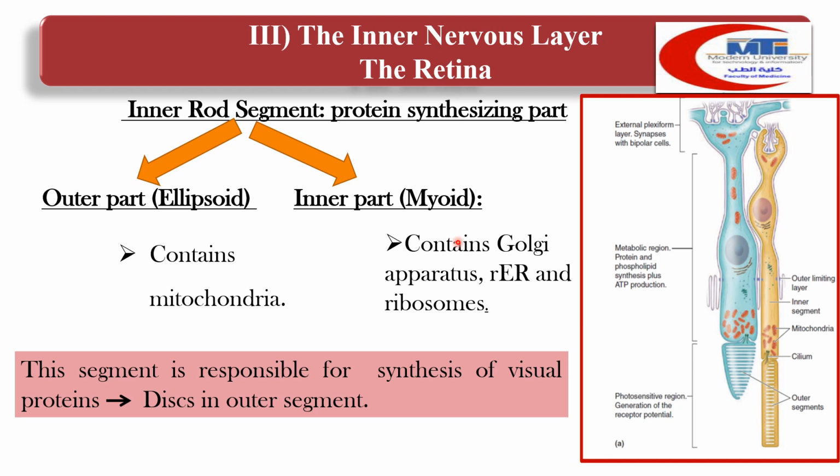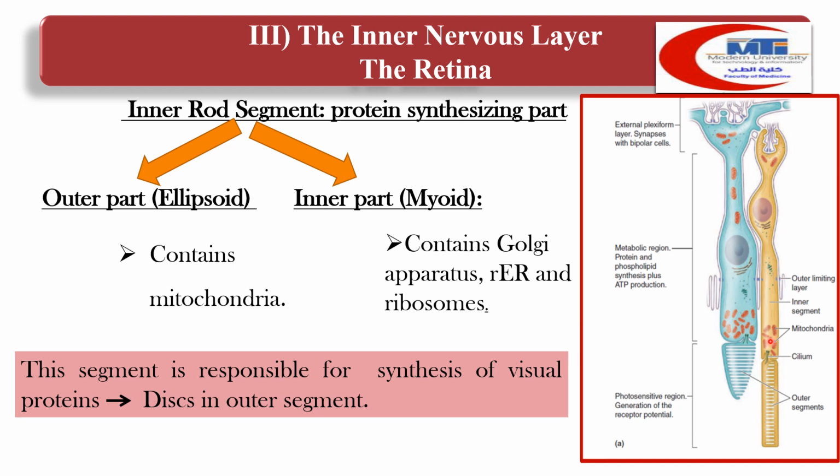The inner segment of the rod is a protein synthesizing part. The outer part, the ellipsoid, contains mitochondria, and the inner part, called myoid, contains the rest of the organelles: Golgi apparatus, rough endoplasmic reticulum, and ribosomes.